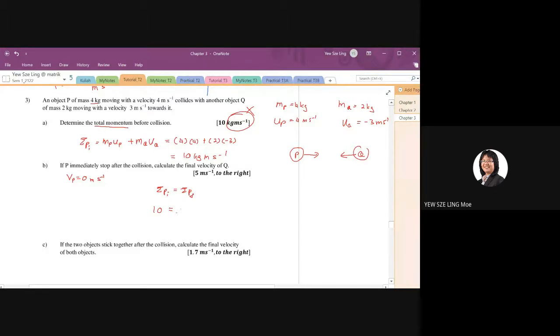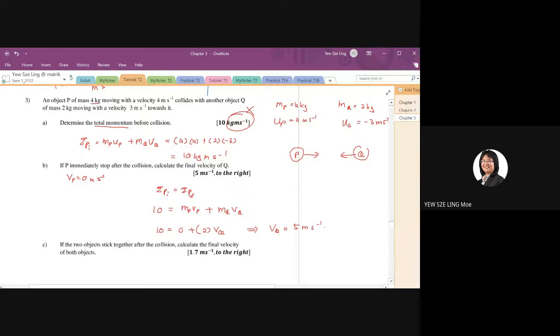According to the question, VP stops, so later you can replace MP VP with 0, plus MQ VQ. So 10 equals 0 plus, the mass of Q is 2 kg, VQ. Therefore VQ is equal to positive 5.